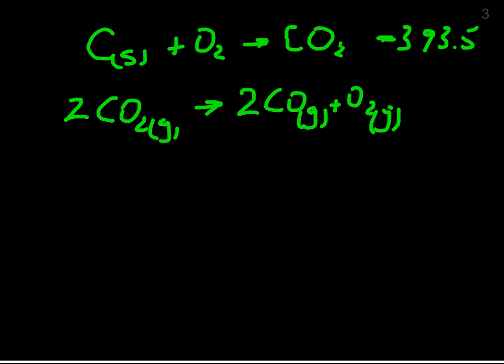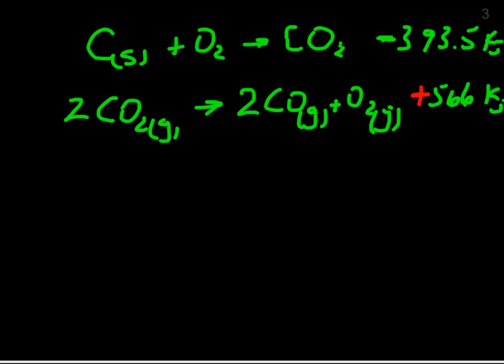And the heat coming out of this now becomes a positive 566 kilojoules. I'm running out of space. Put kilojoules there. So the trick is I reverse the reaction and I change the sign on the heat.